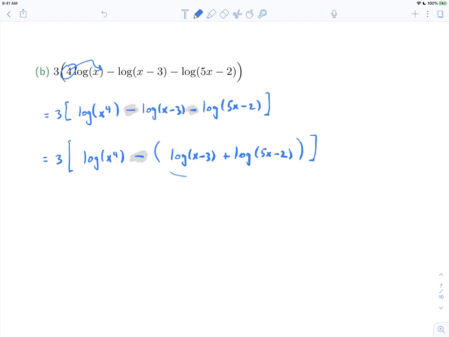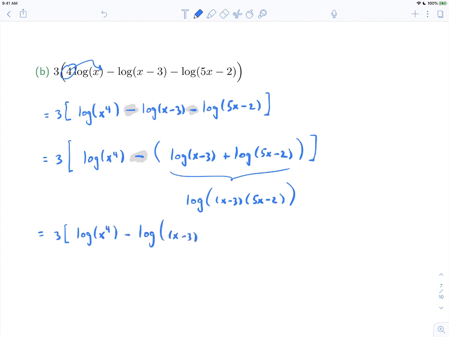Now these are a sum of logs, so I can write that as a logarithm of a product. Like so. So now I have 3 times log of x to the 4, minus log of this product, x minus 3 times 5x minus 2.